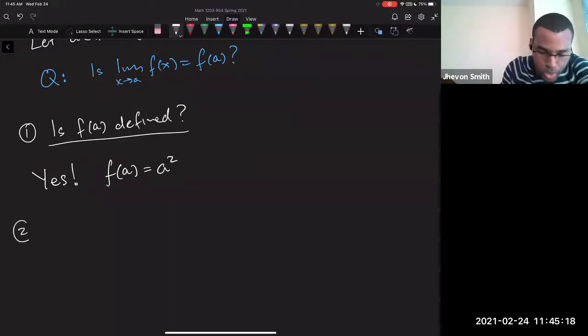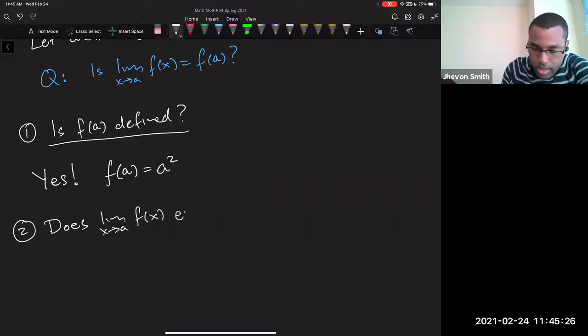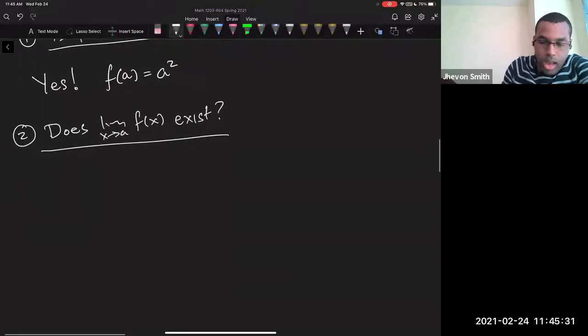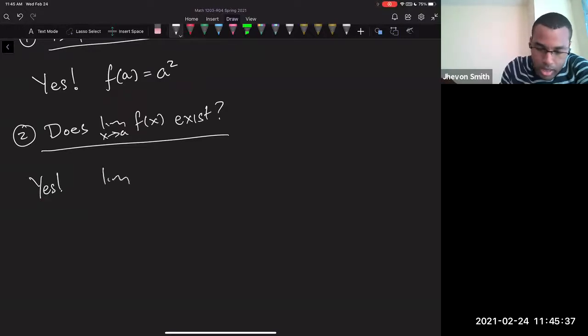Okay, 2, does the limit as x approaches a of f of x exist? And it turns out again, the answer is yes. In fact, if I look at the limit as x approaches a of x squared, I would always get a squared.